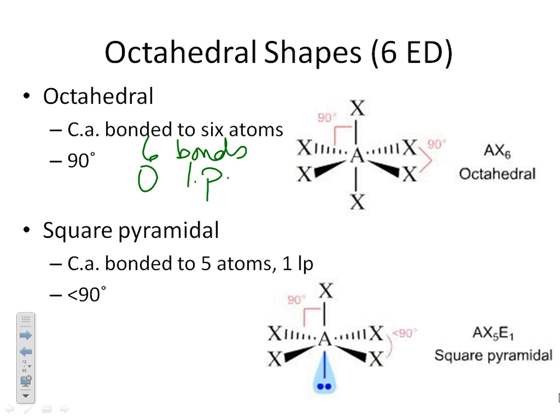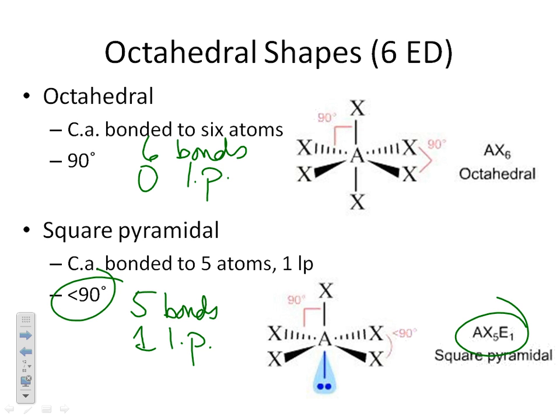Now everything is 90 degrees, so it doesn't matter where you put the lone pair, it's going to be 90 degrees away from something. So it's the square pyramidal category. We have 5 bonds and 1 lone pair. All right, general formula AX5E1, bond angle slightly less than 90 degrees due to that repulsion from the lone pair.